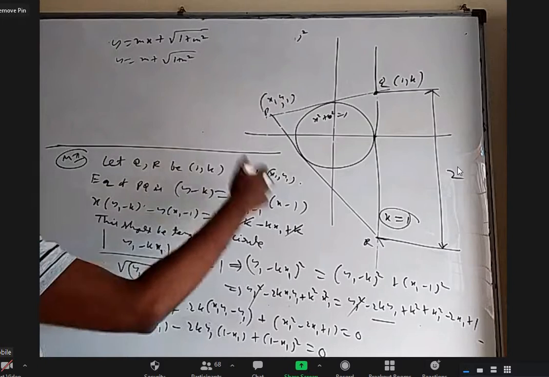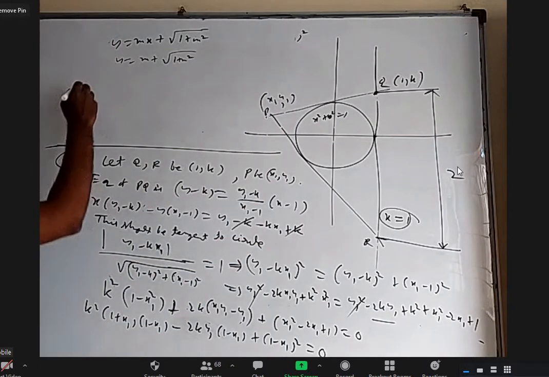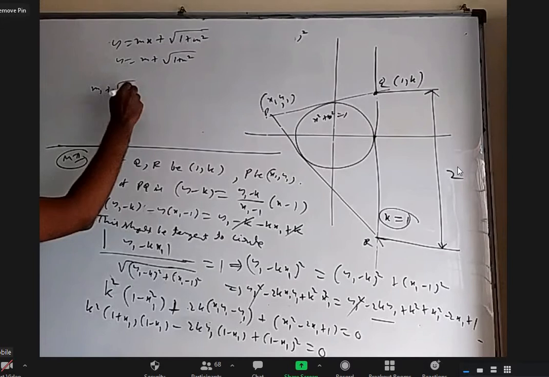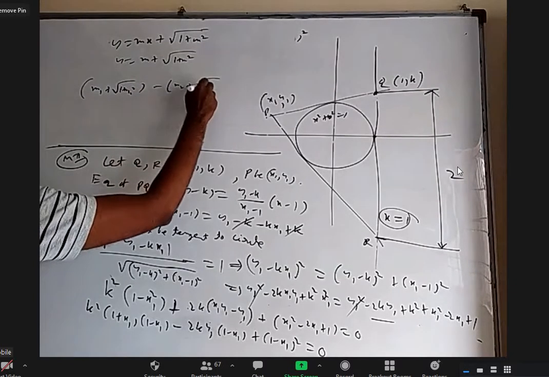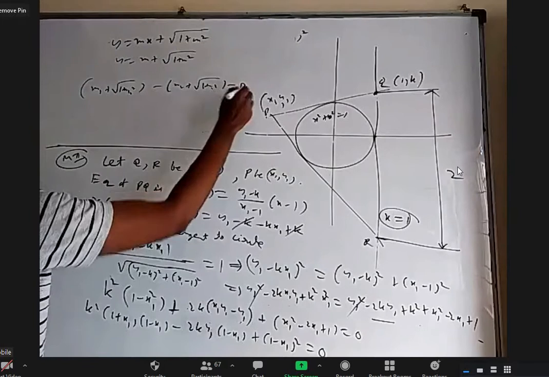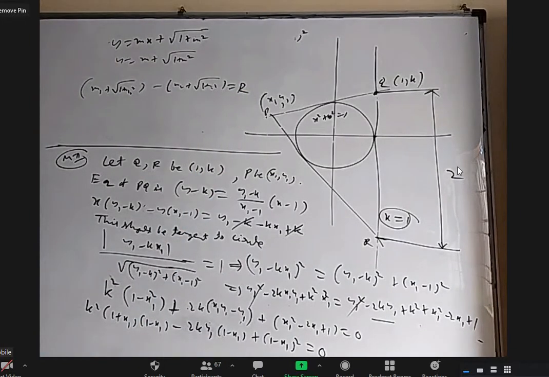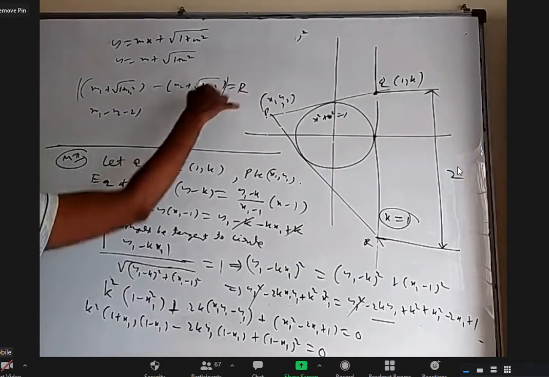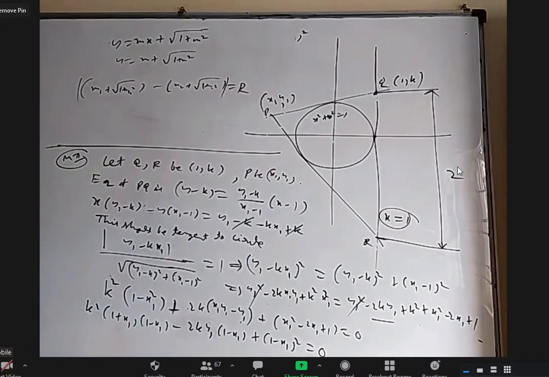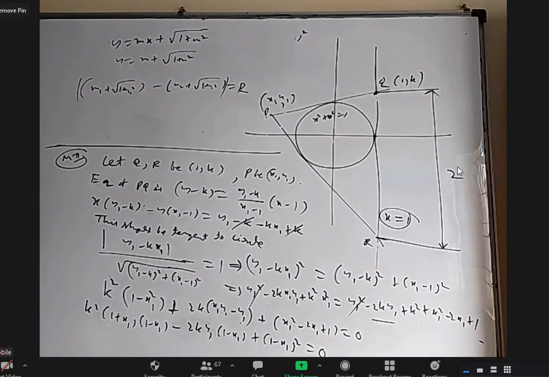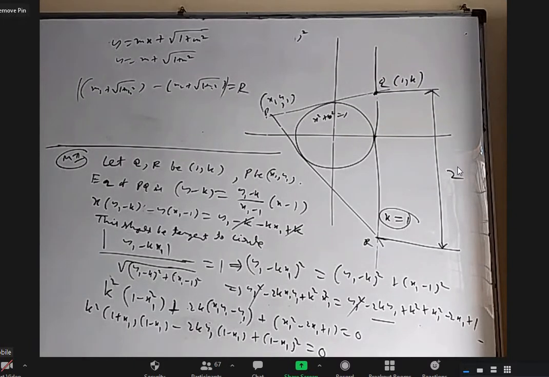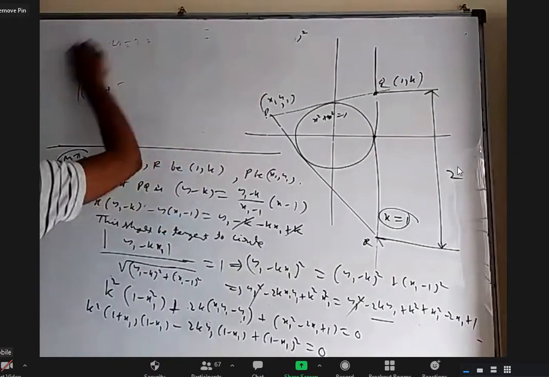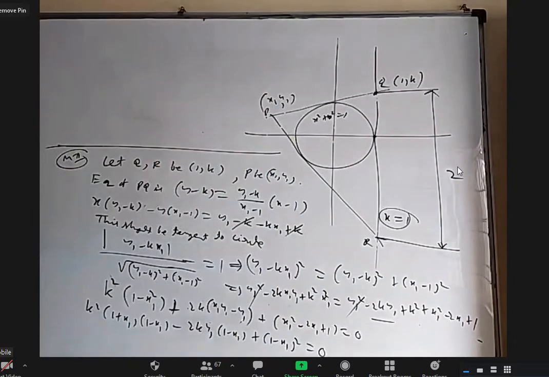So I'll take this slope as m1 and this slope as m2. I need m1 plus root 1 plus m1 square minus m2 plus root 1 plus m2 square to be 2. M1 minus M2, and there's a mod there, we don't know which is greater. Okay, it will become a little difficult to solve. All right, we'll go further.